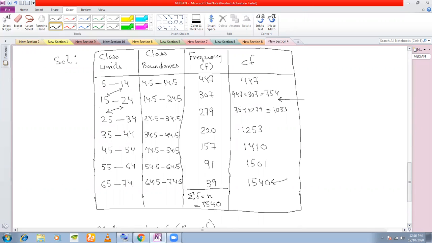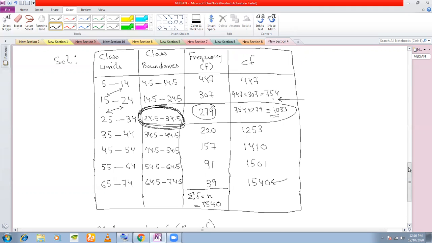So the next class after this will be your median class. The corresponding frequency is 279 and the corresponding cumulative frequency is 1033. So your median class is 24.5 to 34.5.